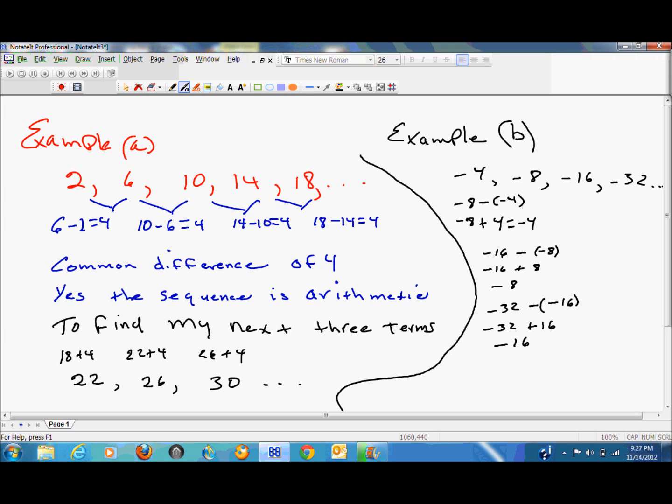None of these are constant. None of them. So if they're not common, then we have no common difference. So my first answer is not arithmetic.